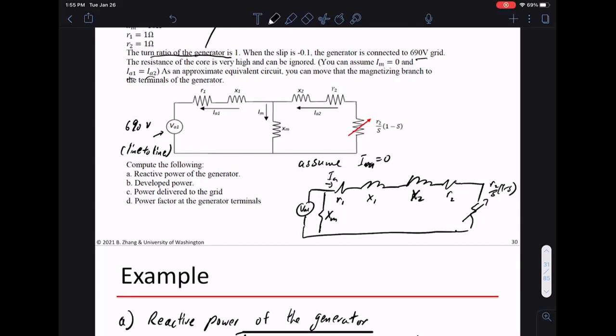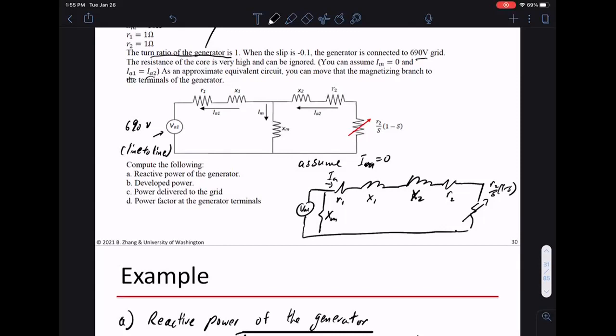But then it's a generator, right? And is our resistance positive? No, the resistance is negative, right? So R2 over S is negative. Gotcha. Yeah, it's negative. Makes sense. Thank you.